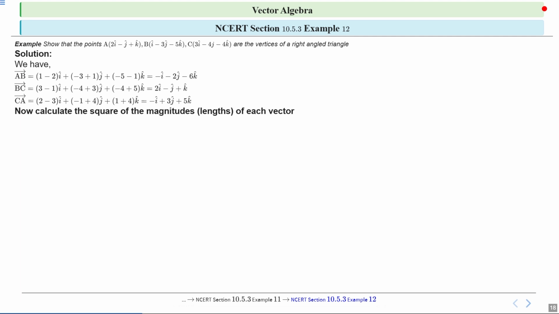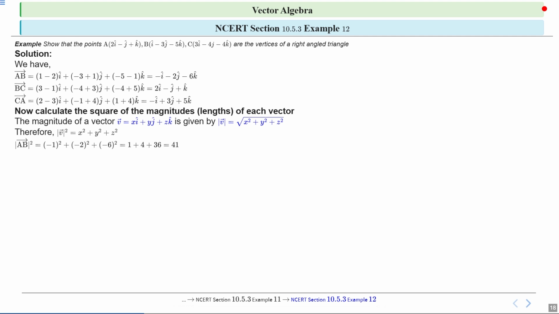Now calculate the square of the magnitudes or lengths of each vector. The magnitude of vector V equal to x i cap plus y j cap plus z k cap is root over x square plus y square plus z square. Therefore, magnitude of V vector square will be equal to x square plus y square plus z square.